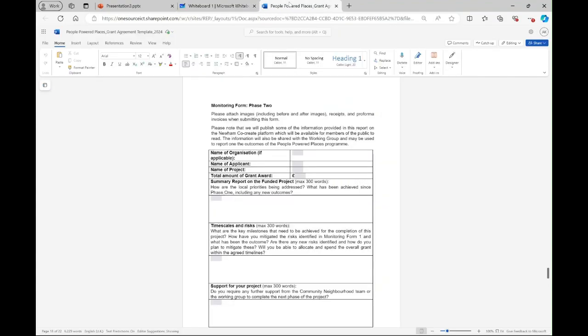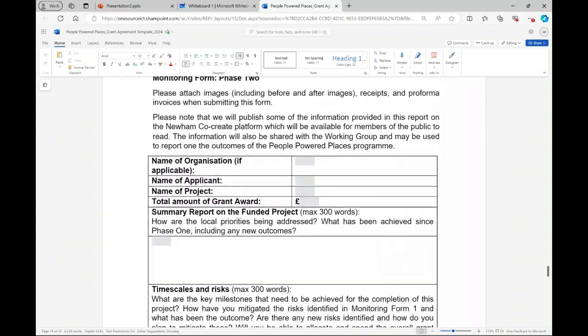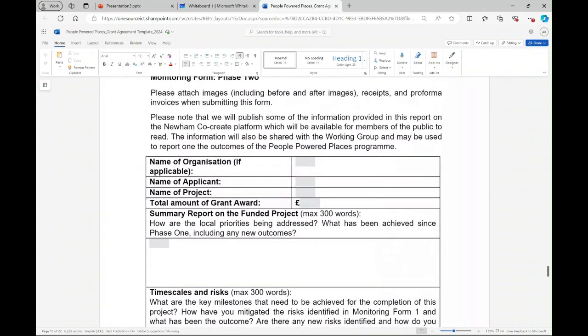Right, I'm going to move on now to talk about the monitoring forms. So the majority of you have already put in your monitoring form phase 1, so I'm going to be talking through phase 2 and the final evaluation monitoring form. So firstly, it's really important, let's make this bigger, to include who you are: the name of your organization, your name, the project's name, and the total amount that you were awarded.